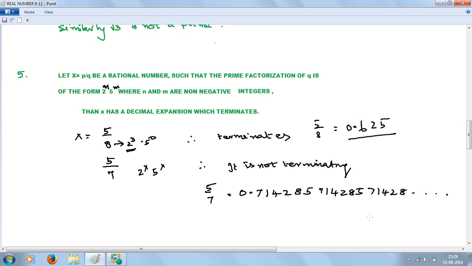This will be useful in finding out where a rational number of the form p by q is not ending.